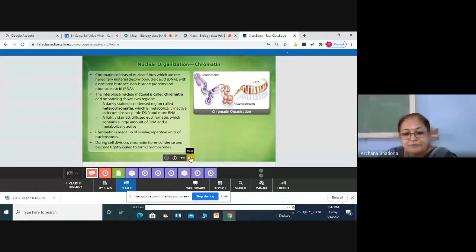And then add that they are formed by the condensation of the chromatin fibers. How the chromosomes are formed, is it clear to everyone? It is formed by the condensation of chromatin fibers during cell division. Noted everyone?